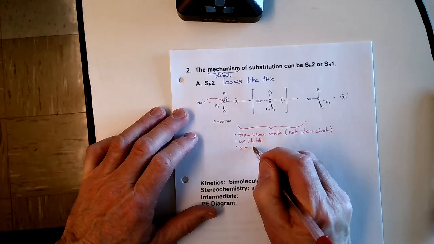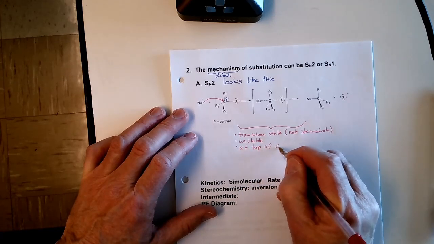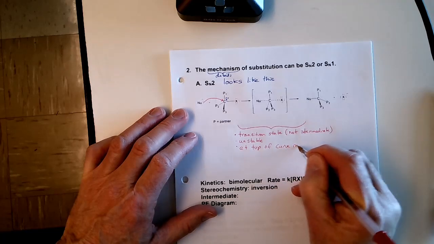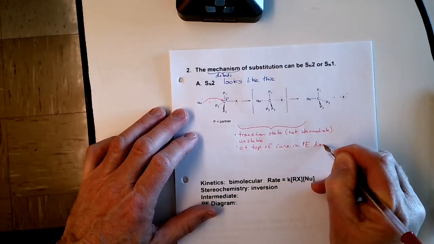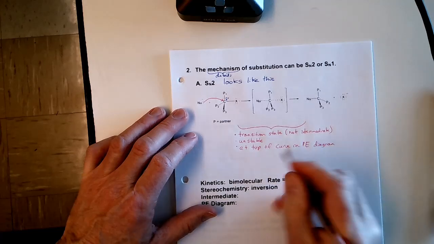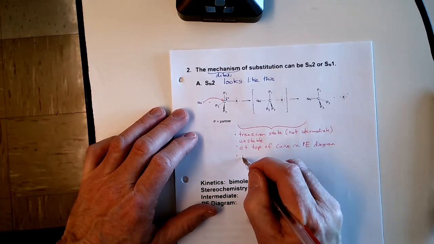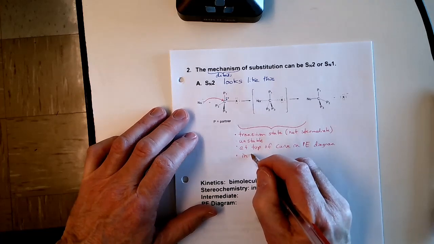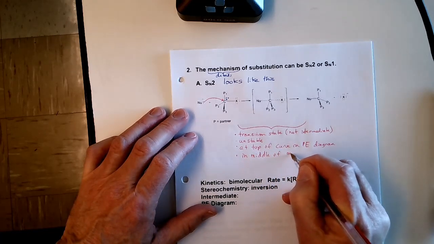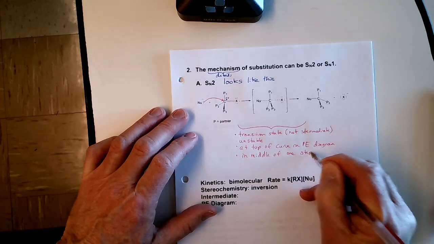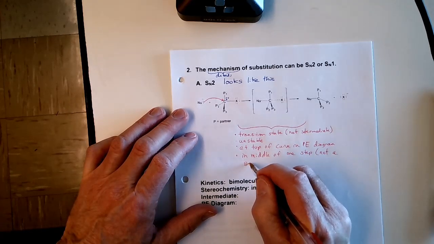This is now at what we would have said was the top of the curve in the potential energy diagram. It's also, this transition state is in the middle of one step. It is not a separate step to itself.